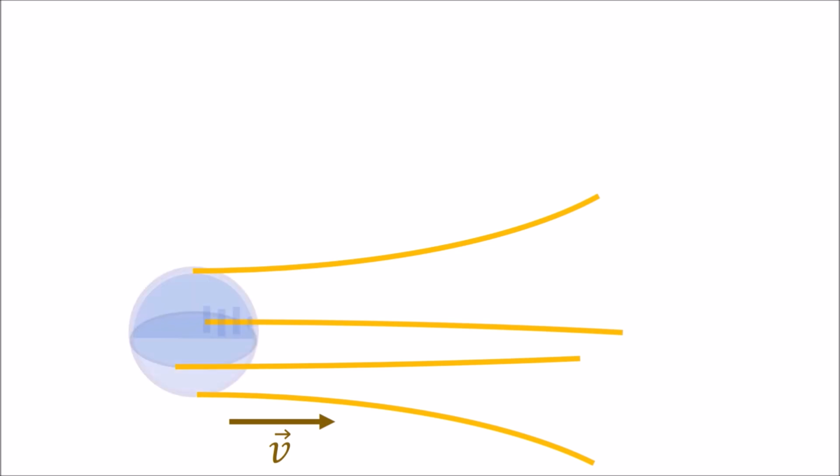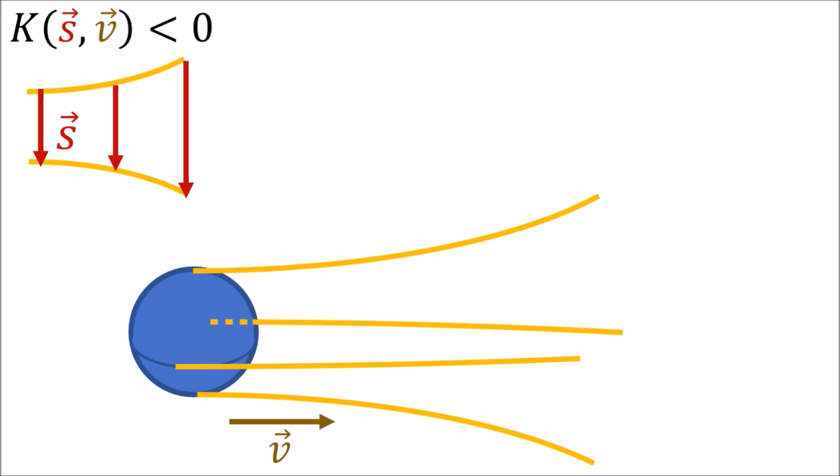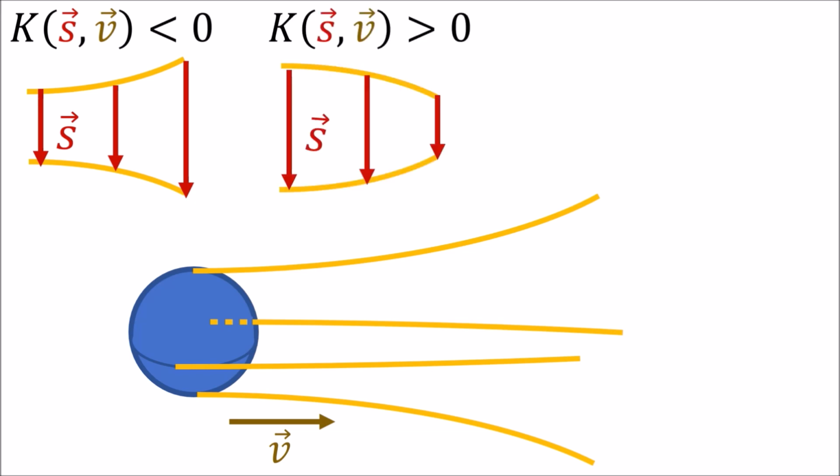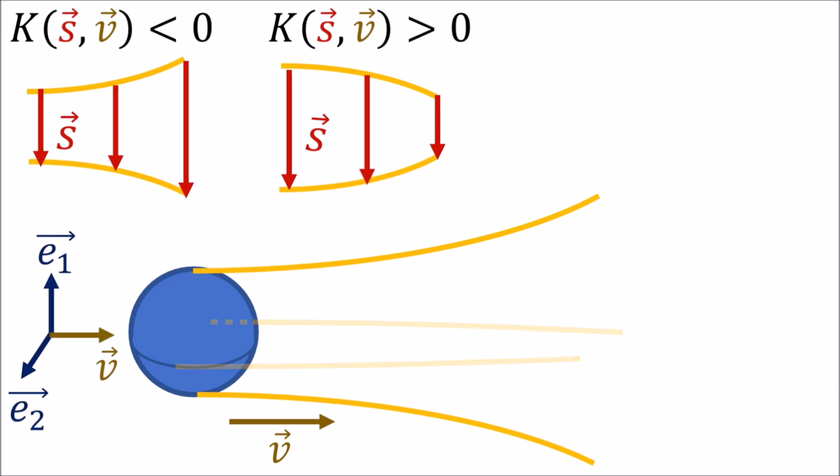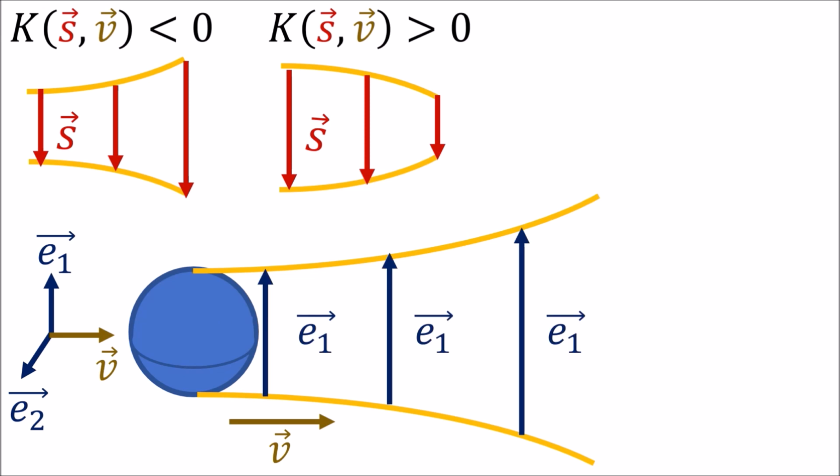Finally, let's take a look at an interesting case where some geodesics are diverging and some geodesics are converging. So in this case, the top and bottom geodesics on the ball are spreading apart, and the geodesics on either side of the ball are converging together. So the sectional curvature of V and E1 is negative because these geodesics are spreading apart.